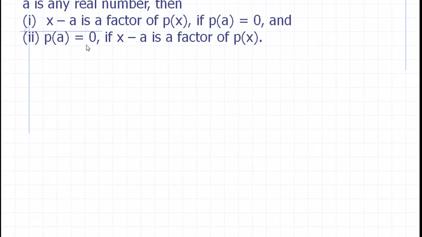Second, if P(a) equals 0, then x minus a is a factor of P(x). If x minus a is a factor of P(x), then the remainder will be 0, because x equals a, and then P(a) equals 0, which you have read already. And second, if P(a) equals 0, meaning the remainder is 0, then the divisor x minus a is a factor of P(x).